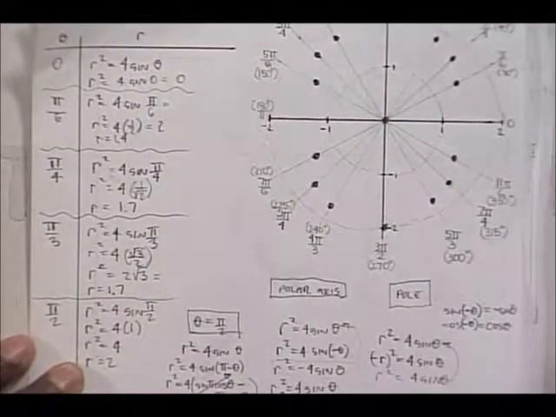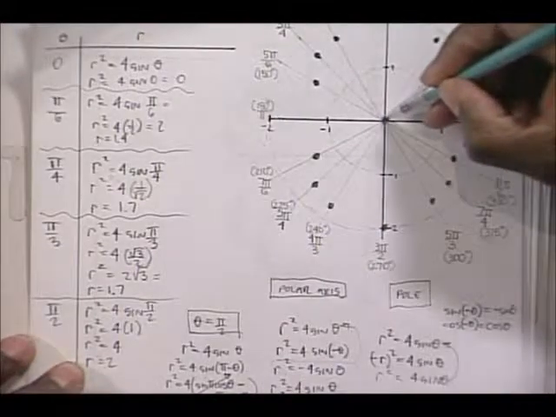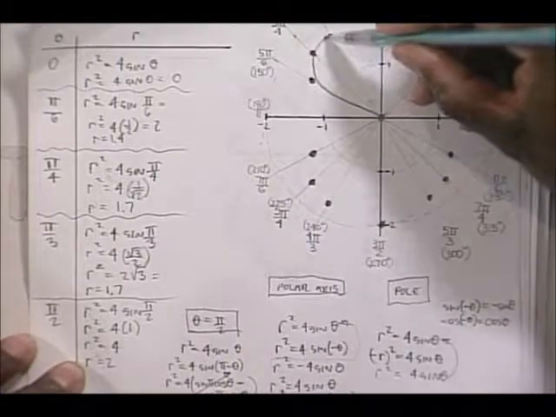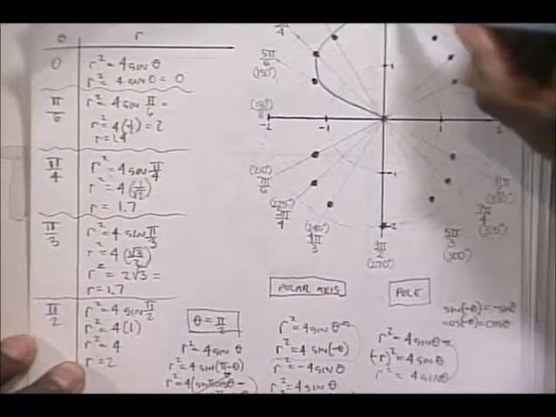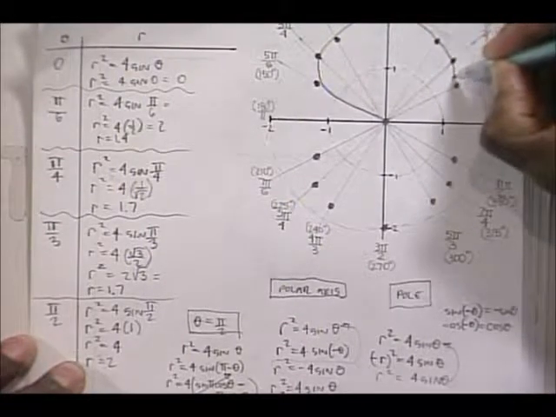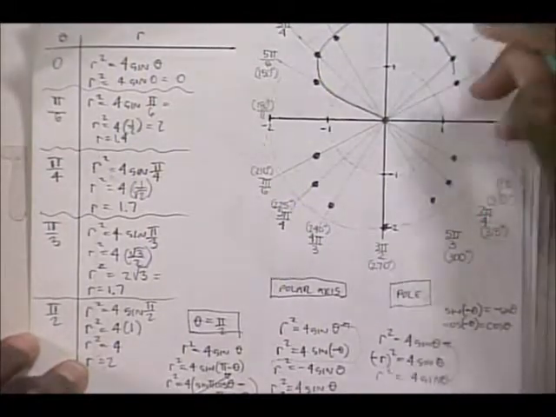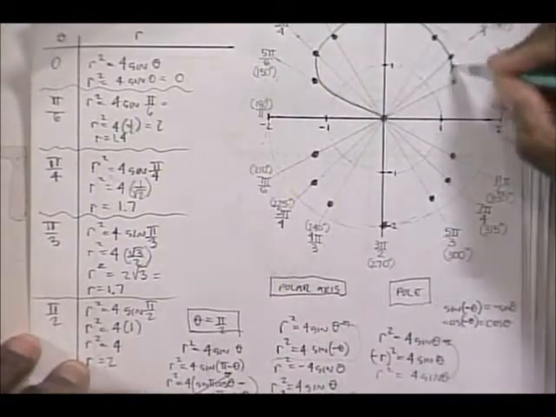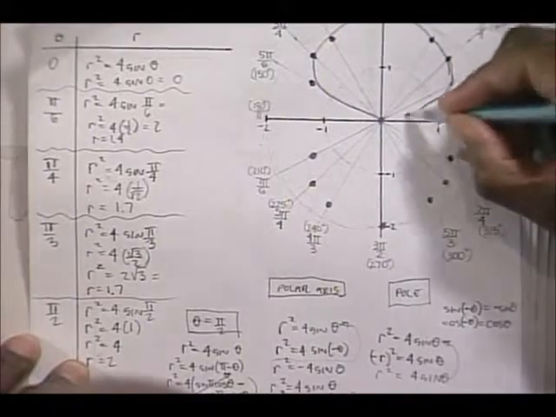And you begin to see the shape that this would take. Looks something like this. 1.4 might be a little bit lower. It would look something like this.